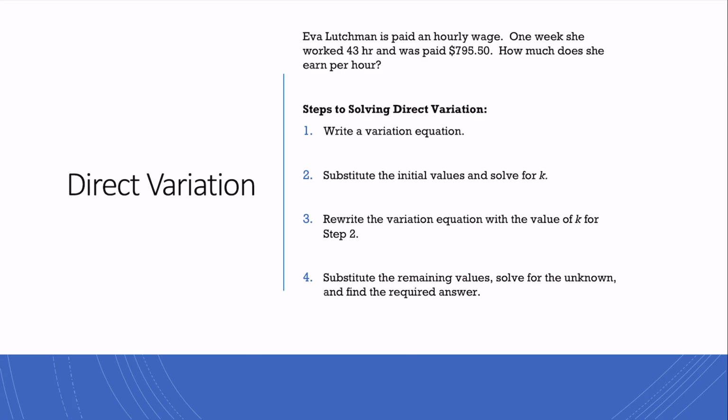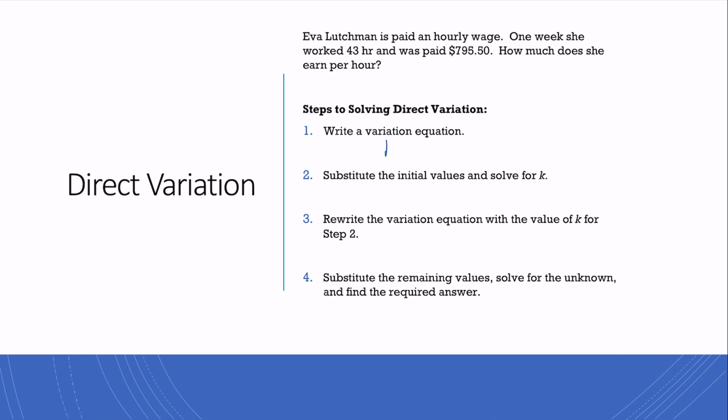So in this example, Eva is paid an hourly wage, right? That means for every hour she works, she's paid the same amount. One week, she works 43 hours and was paid $795.50. The question is, how much does she earn per hour? This is a very straightforward example of direct variation. So let's write an equation.